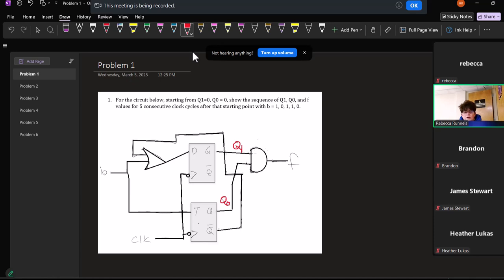So starting with Q1 and Q0 equaling 0, we want to find out what happens for 5 consecutive clock cycles with this input of B. So the inputs are 1, 0, 1, 1, 0.